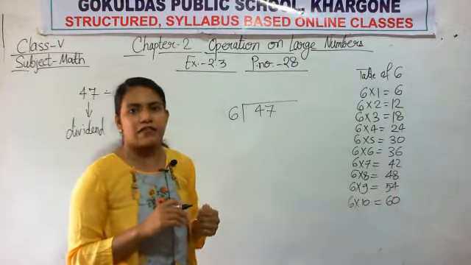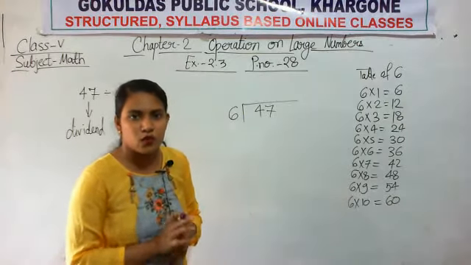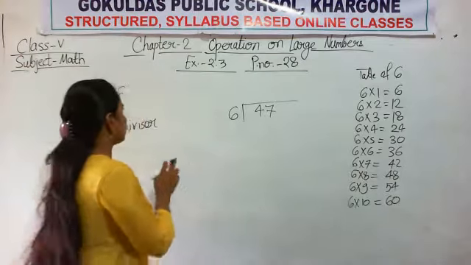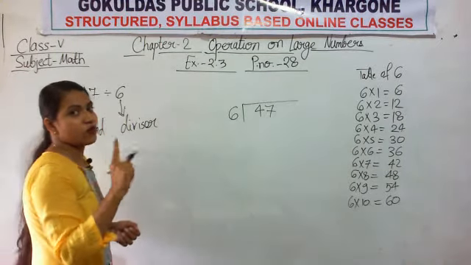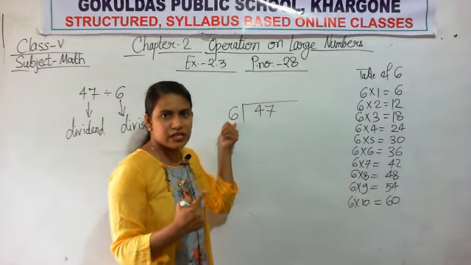Now start dividing. The very first rule is to check the number of digits in the divisor. Here your divisor is 6, which has only 1 digit.